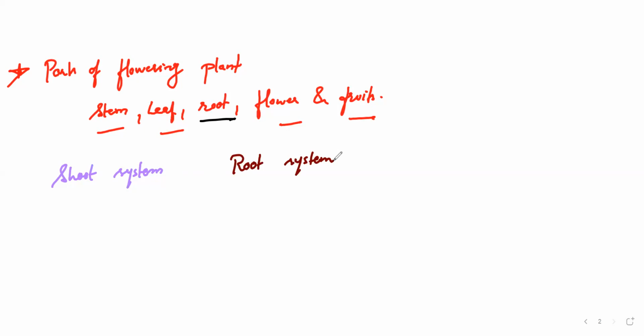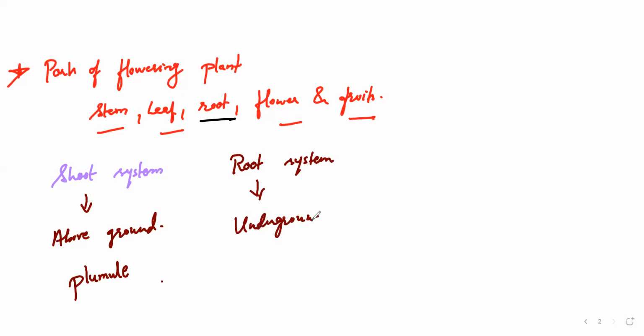So basically the shoot system is nothing but which is above the ground, and that we call it as plumule. Whereas root system is underground, and that is termed as radicle. So plumule and radicle is nothing but the parts which are present in a cotyledon.